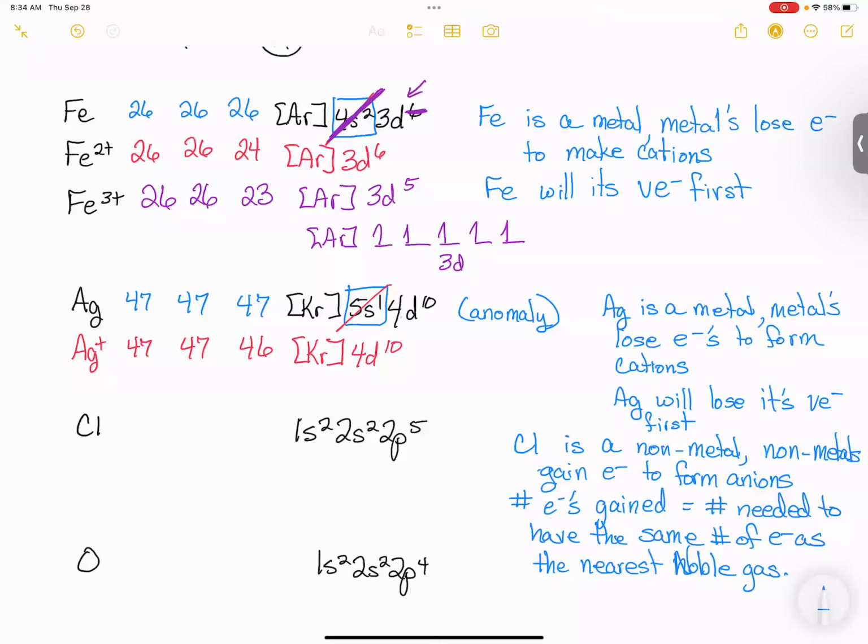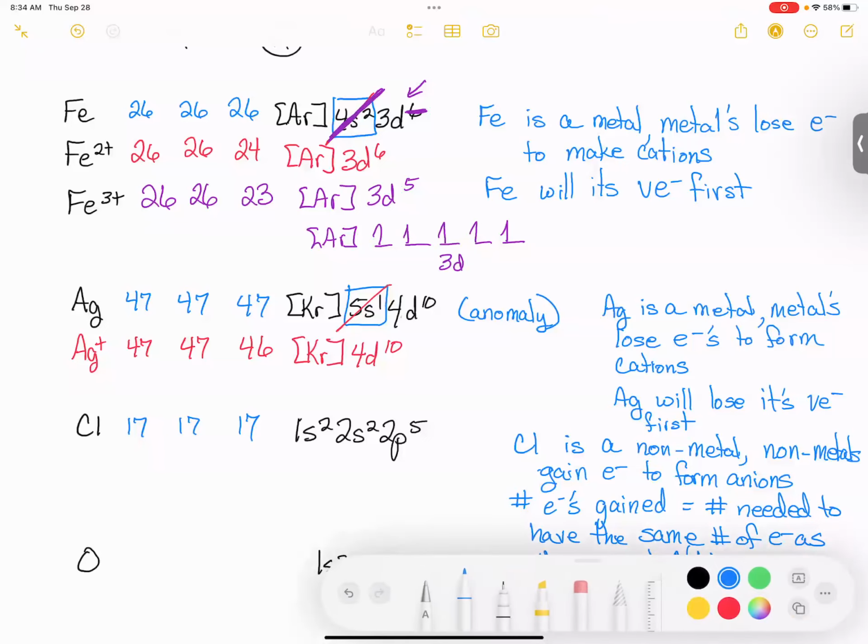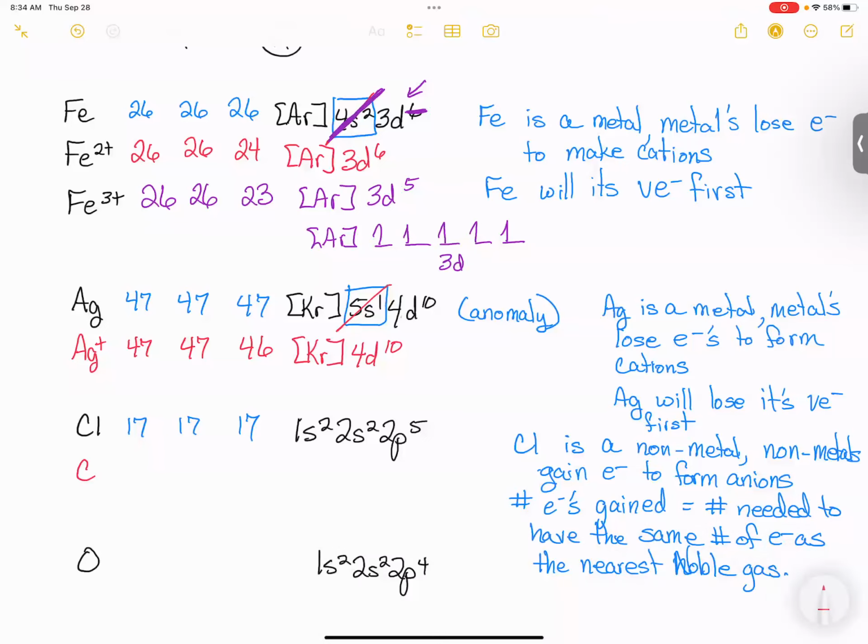Chlorine needs to gain 1 electron. It is element number 17, so it has 17 protons and 17 electrons. But if chlorine makes Cl minus, then it'll still have 17 protons, but it gains an electron to make an anion.